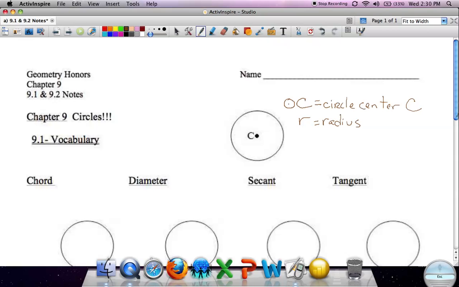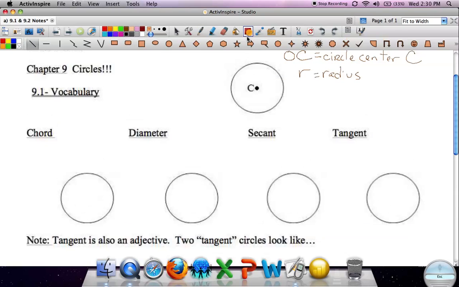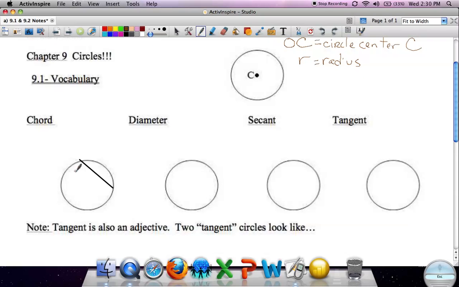So now we'll go down below and fill in these things. Chord. A chord is a line segment whose endpoints are on the circle. So a chord, this I made a little bit too big, but the endpoint should be right on the circle.